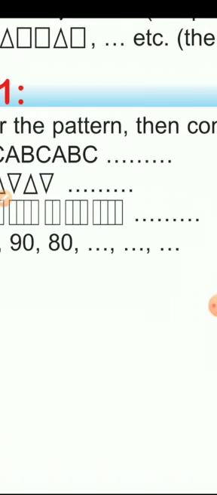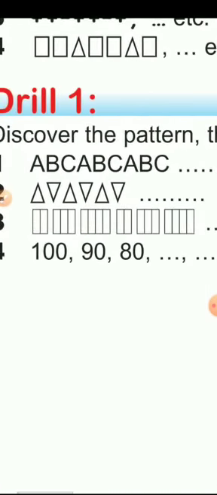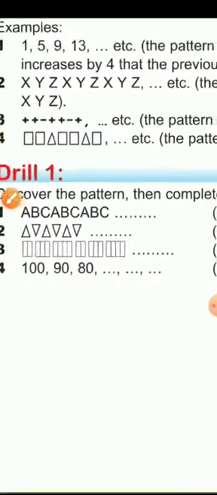The pattern sequence here is repeating the first three letters A, B, C. Repeating what? Repeating the first three letters A, B, C. Okay? So, to get the missing letters, you have to write what?